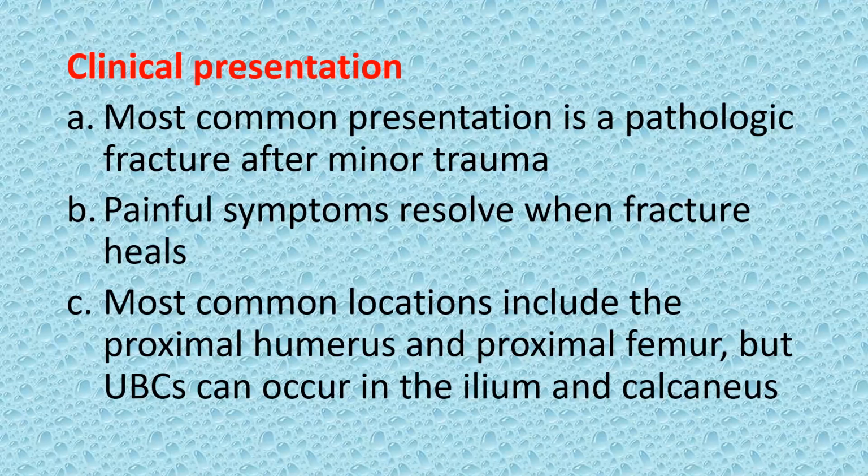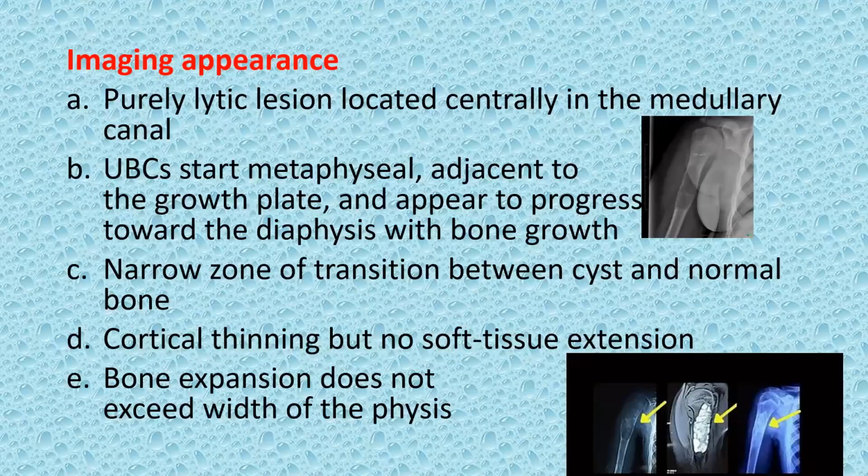It is a purely lytic lesion located centrally in the medullary canal. Unicameral bone cysts start metaphyseal, adjacent to the growth plate, and appear to progress towards the diaphysis with bone growth. A narrow zone of transition exists between the cyst and normal bone. There is cortical thinning, but no soft tissue extension. Bone expansion does not exceed the width of the physis.